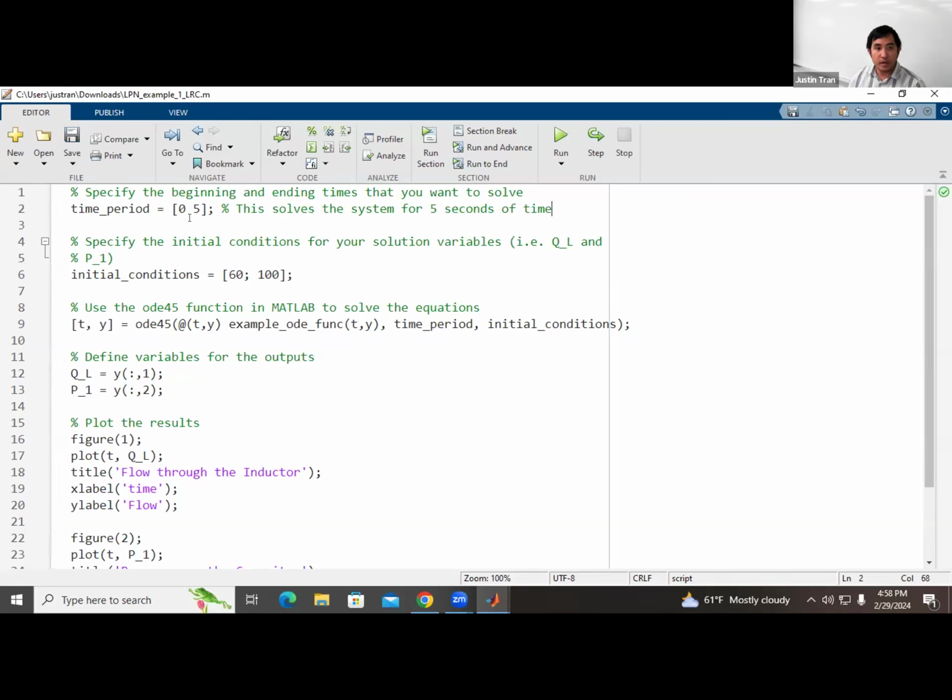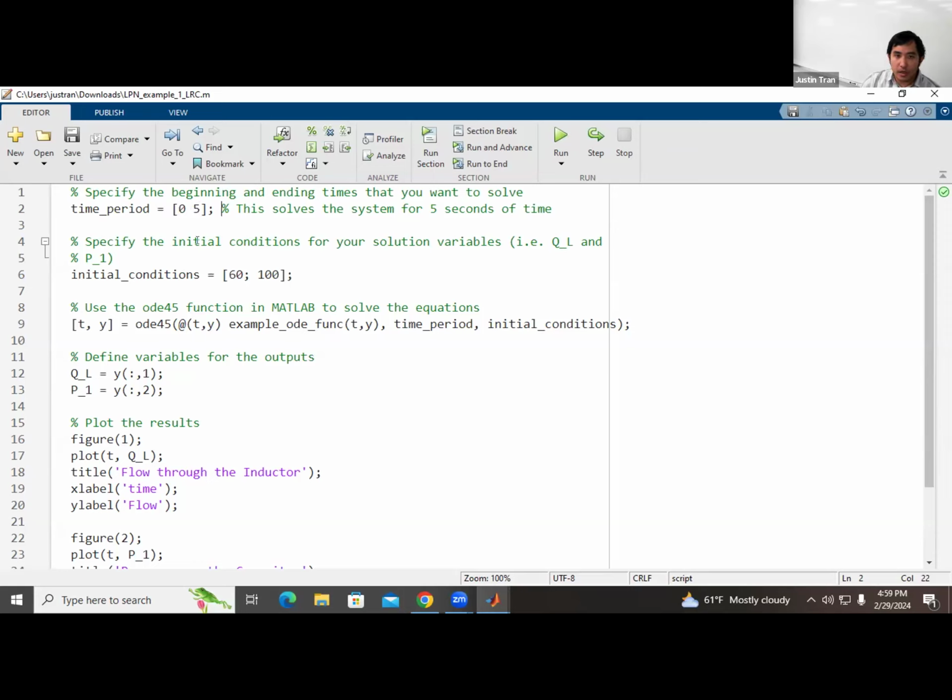This tells the simulation to start at time equal to 0 and end at time equal to 5. For the most part, your starting time is going to be 0, and there are very few cases where it's not.